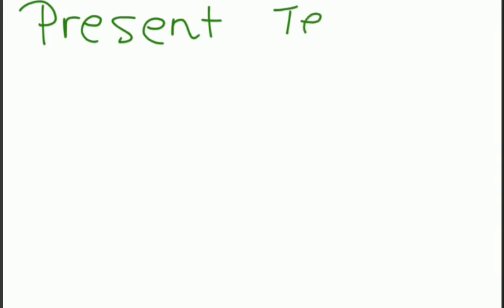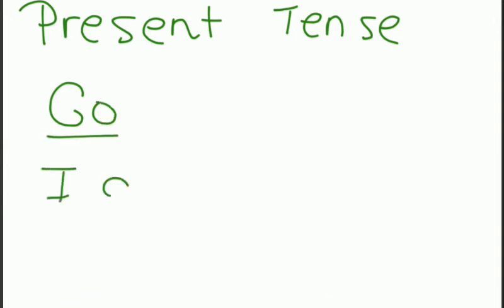So let's review quickly. We have the present tense. And the present tense describes something that is happening now. We have the verb go. In the present tense, we can say I go, or I can say he goes.